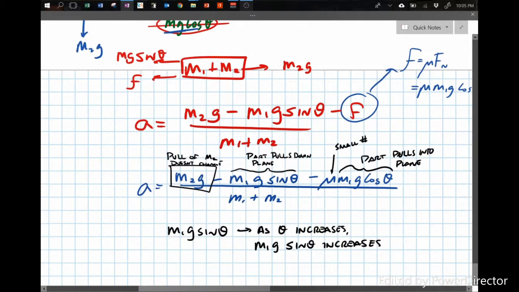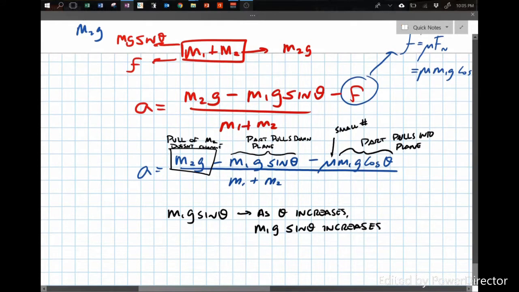So the part that pulls into the plane is cosine theta. We look at that specifically, since it's pulling into the plane, as we increase the angle, less and less and less of the weight pulls into the plane. So as theta increases, this part gets smaller.